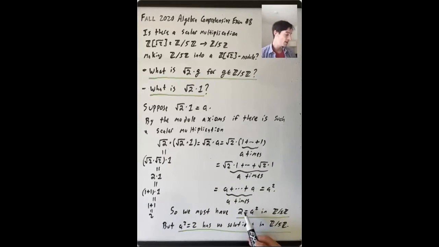So, what are we getting? We're seeing that 2 equals A squared in Z mod 5Z. But A squared equals 2 just has no solutions in Z mod 5Z. If you square each of the elements of this quotient group, there are no solutions to A squared congruent to 2 modulo 5. So what are we seeing?